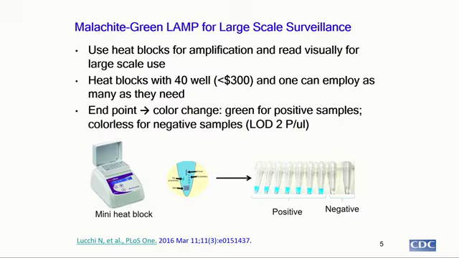So one can use this kind of tool to do quick screening. The sensitivity of this methodology, at least in our hands at this time, is about 2 parasites per microliter, which is consistent with the WHO recommendations for the sensitivity of tools for the elimination setting.